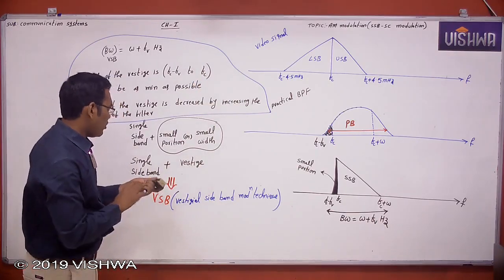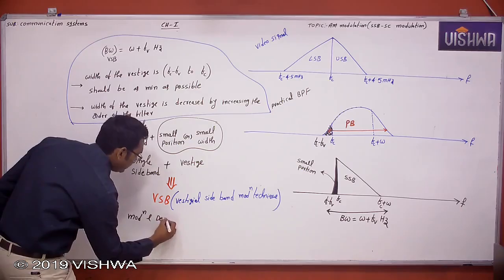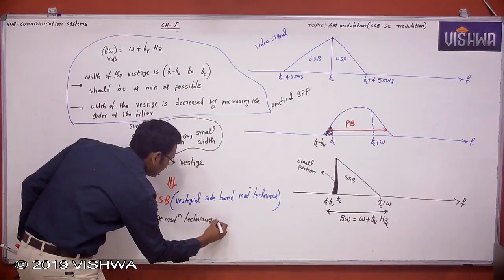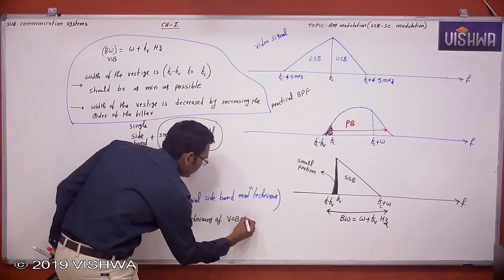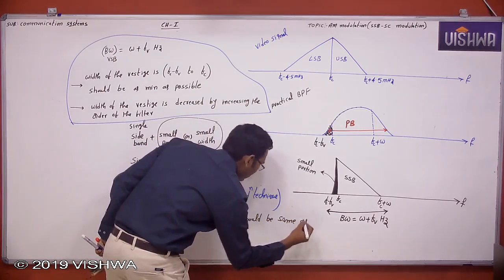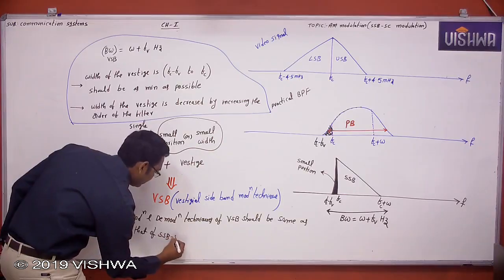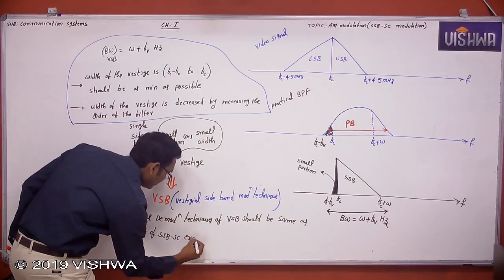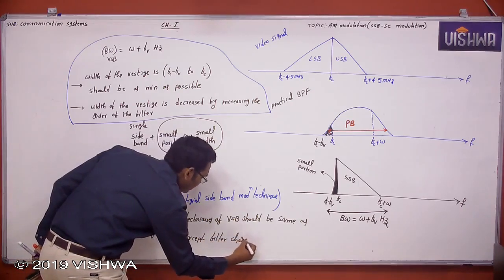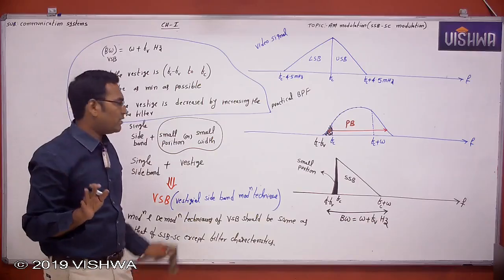And the modulation and demodulation techniques of VSB are the same as those of SSB-SC, except for the filter characteristics. That's what we just put the name, otherwise everything will be the same.